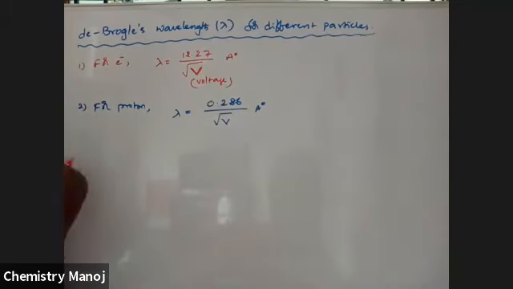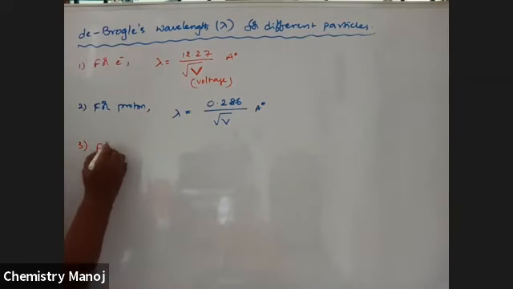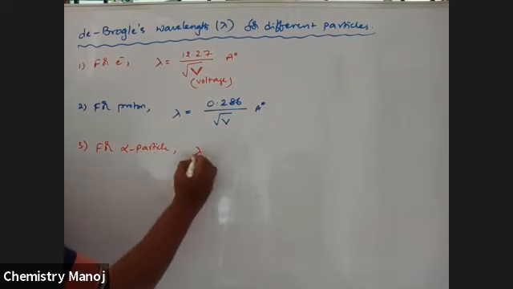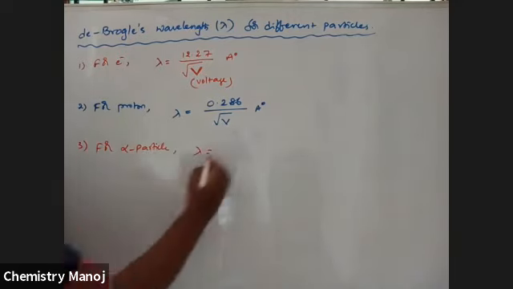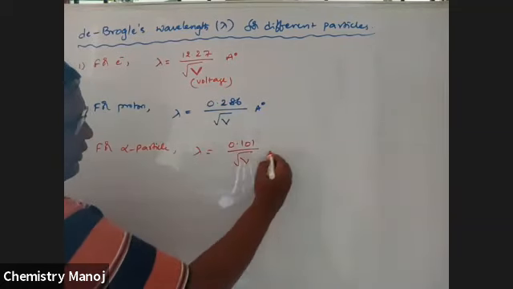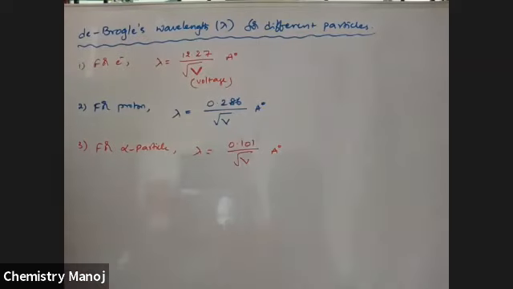Next, the third one, for alpha particle, lambda is equal to 0.101 by root V, which is also in angstroms.